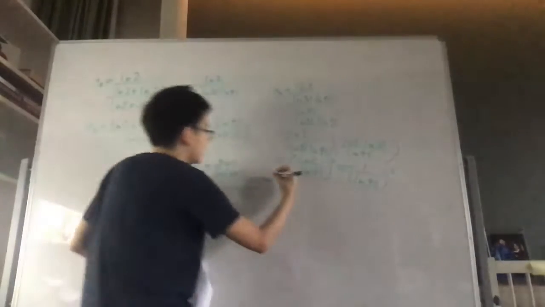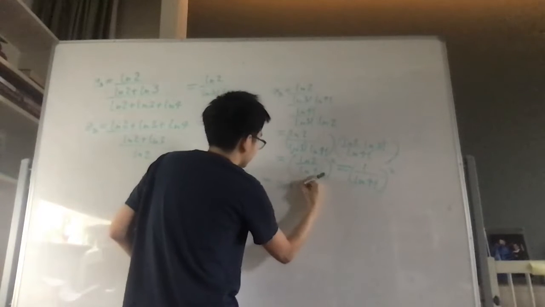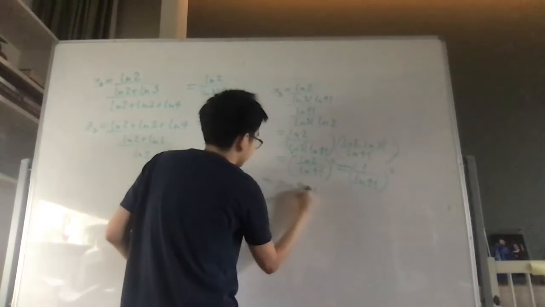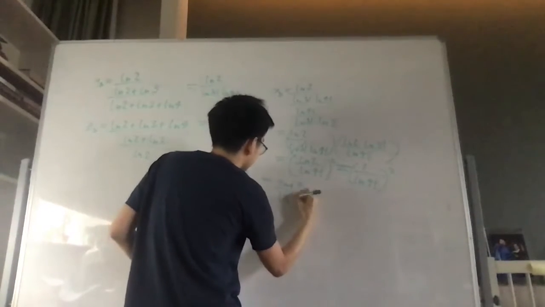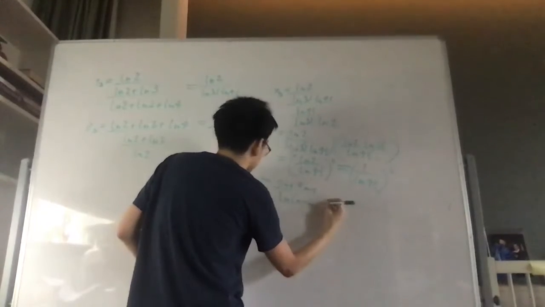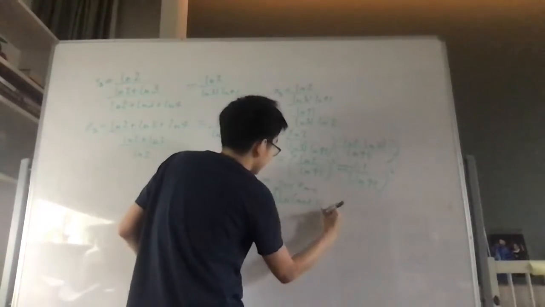Just flip this around and I get y of n minus 1. So the numerator times the denominator over natural logarithm of n plus 1 factorial, this thing squared.